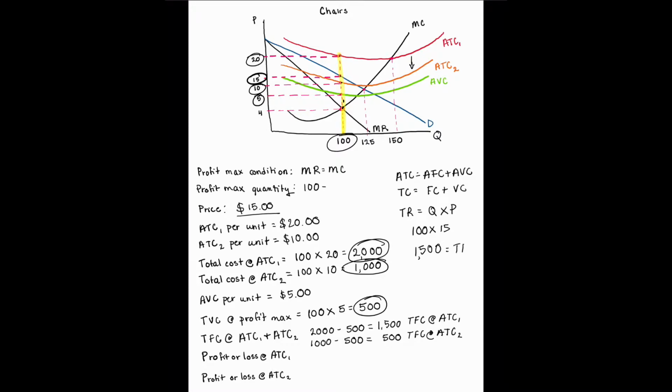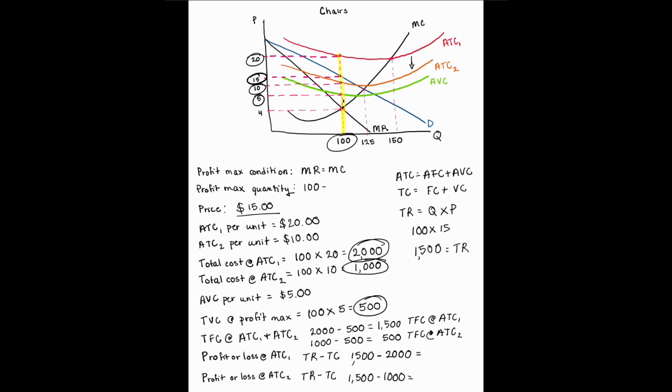To calculate profit or loss, we just take our total revenue minus our total cost at each point. Total revenue for both situations would be $1,500. Our total cost at average total cost 1 would be the 2,000 we determined earlier, and at ATC2 it would be the 1,000.